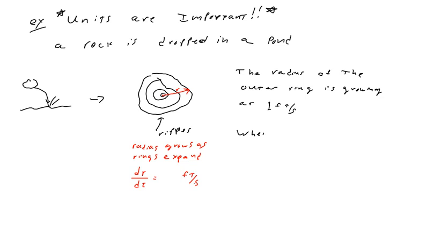When the radius is 4 feet, at what rate is the area of the ripple growing?